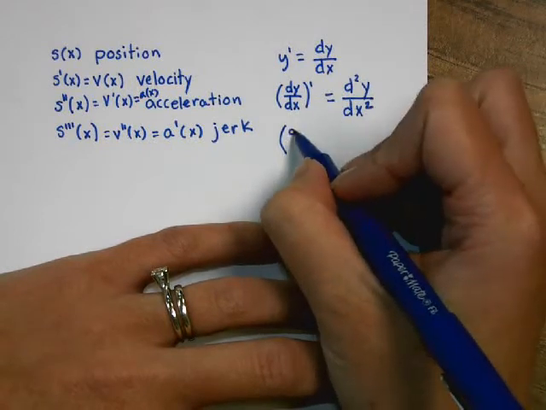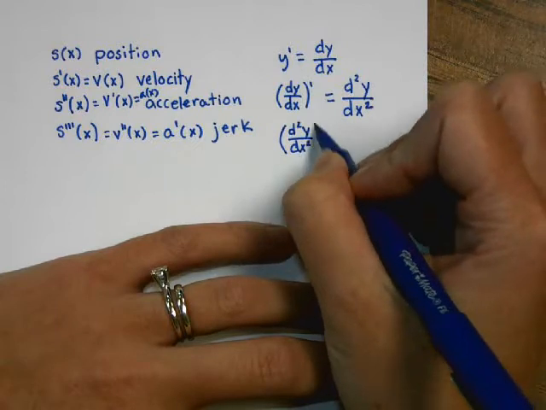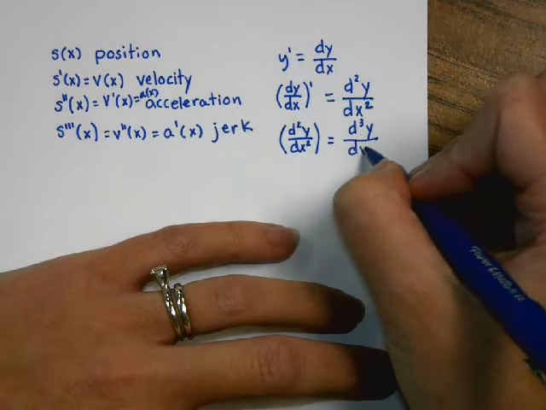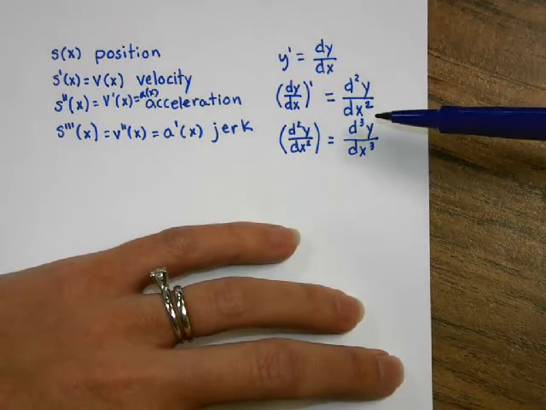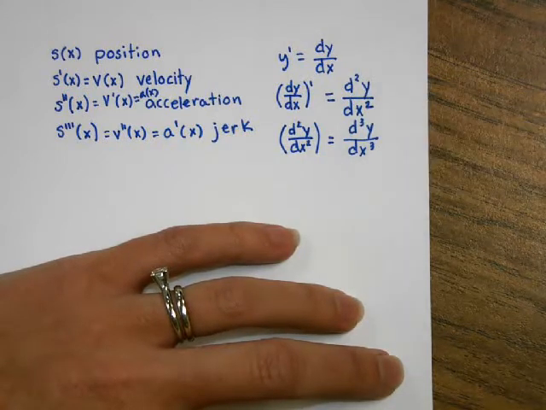And then if we do the third derivative, so if I take this, it is going to be d3y over dx3. For the most part, you just need to recognize this notation as this is the second derivative and this is the third derivative.